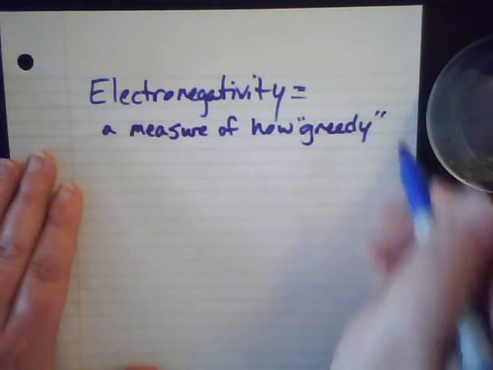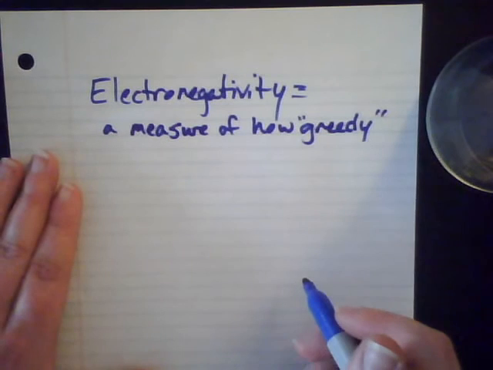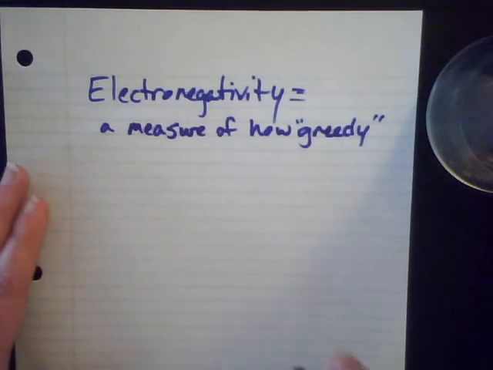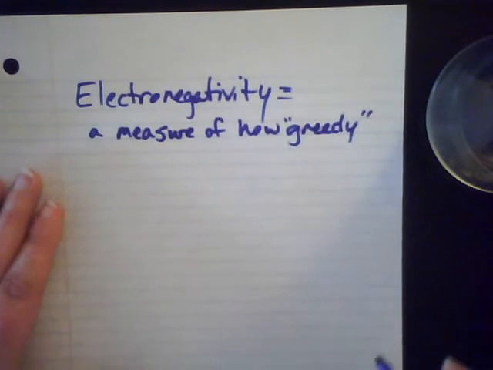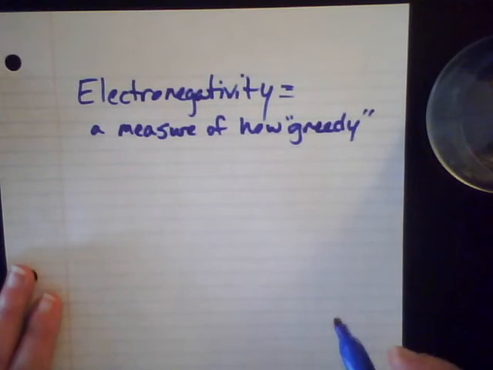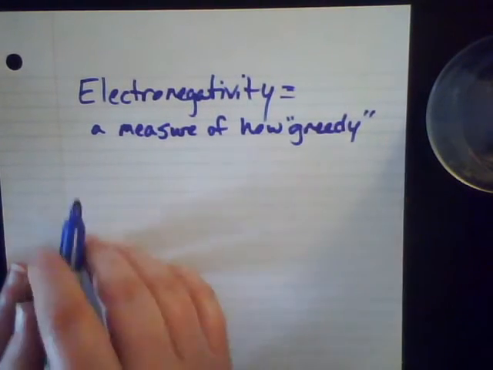And we're going to put greedy in quotes there, because of course we're anthropomorphizing a little bit. Elements aren't actually greedy for anything, but energetically speaking, it's lower energy if it has more electrons, is what we're trying to say, that it's happier if it's pulling on these electrons that are shared.